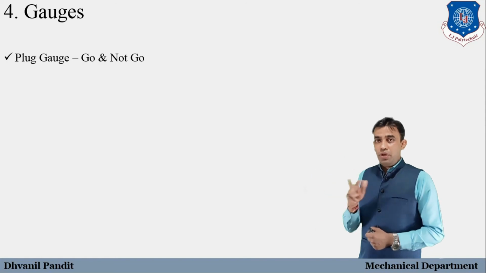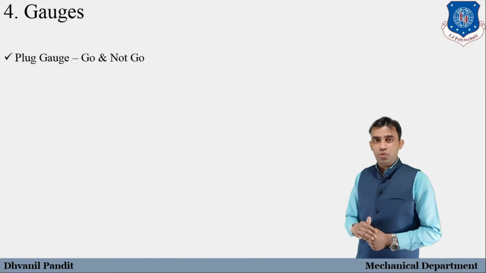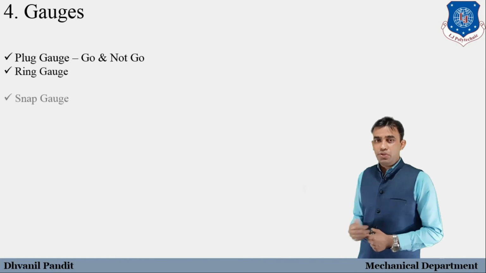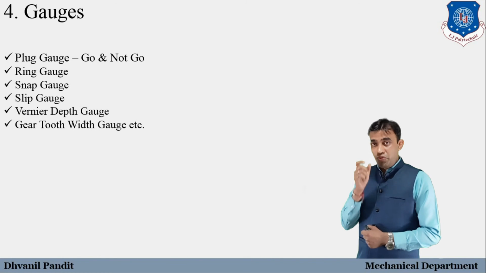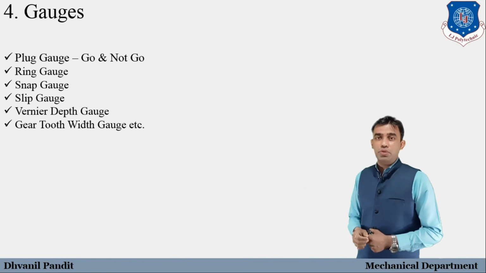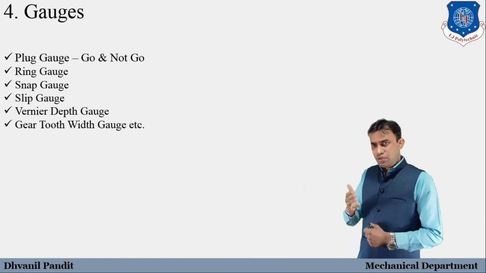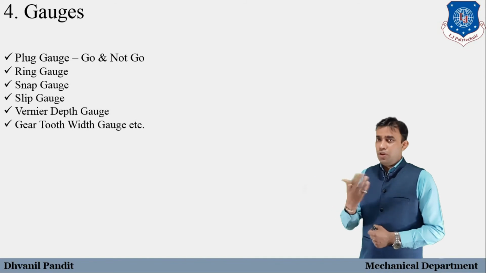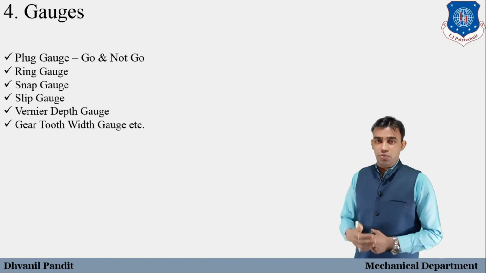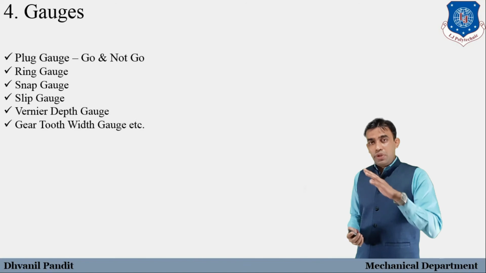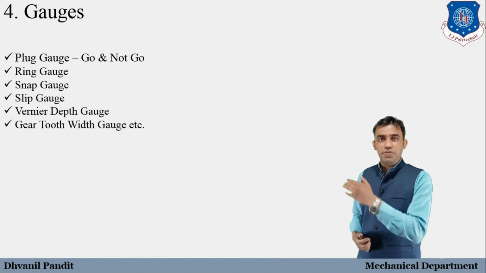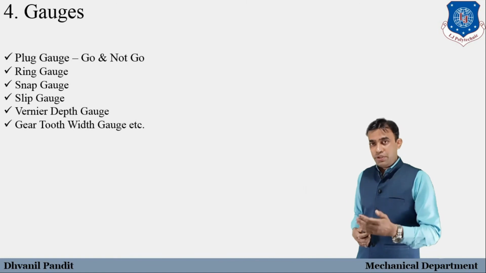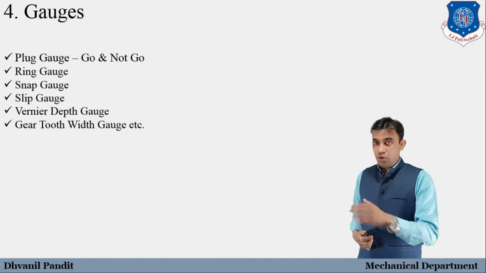Plug gauge, which has a combination of go and not go, ring gauge, snap gauge, slip gauge, even vernier depth gauge, and gear tooth width gauge to measure the width of a gear's tooth, etc. So there are lots of different types of gauges which we can consider as tools. Right friends, so there are four basic categories: machine tool, cutting tool, jigs and fixtures, and gauges that we can consider as the classification of tools.